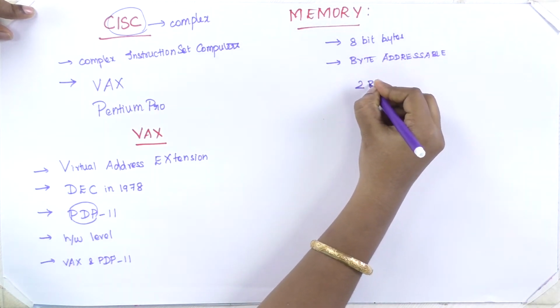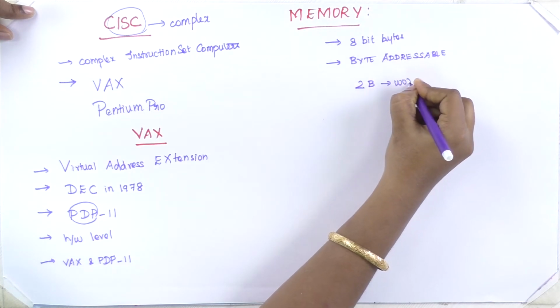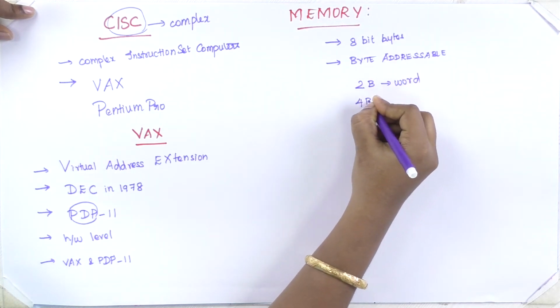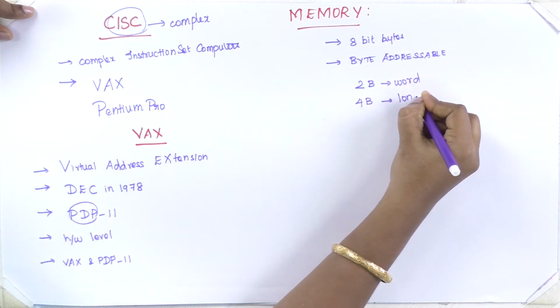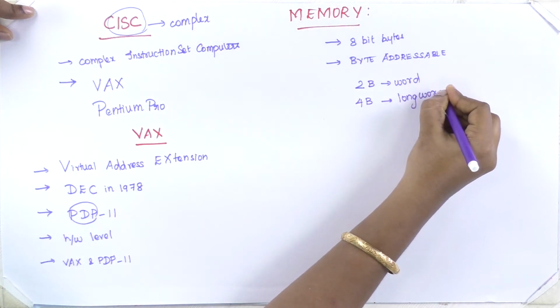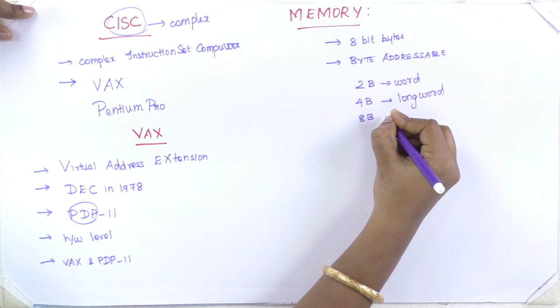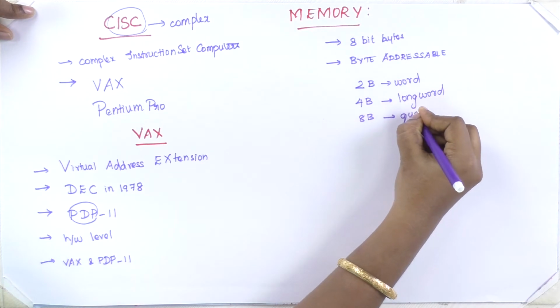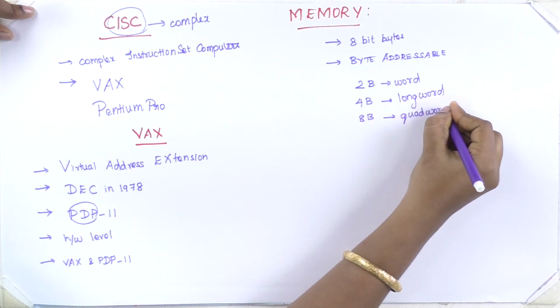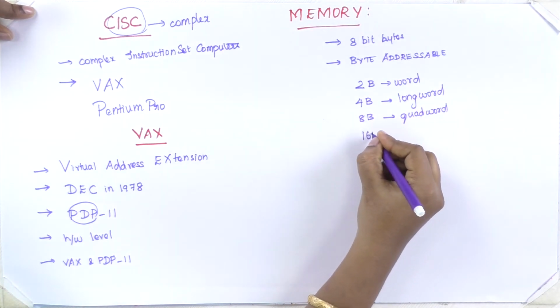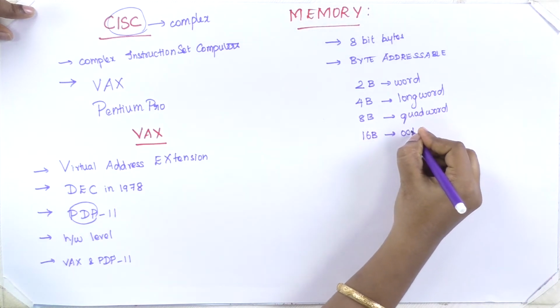Two consecutive bytes form a word. 4 consecutive bytes form a long word. 8 consecutive bytes form a quad word, and 16 consecutive bytes form an octa word.